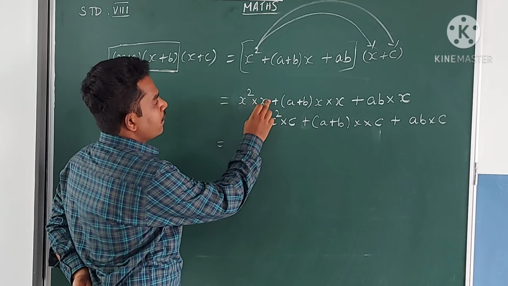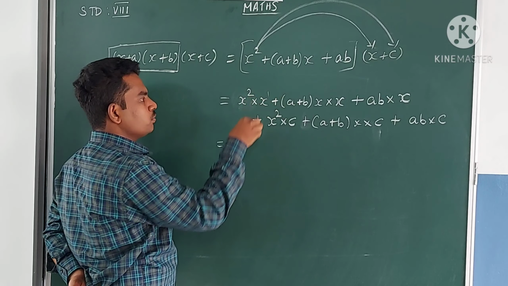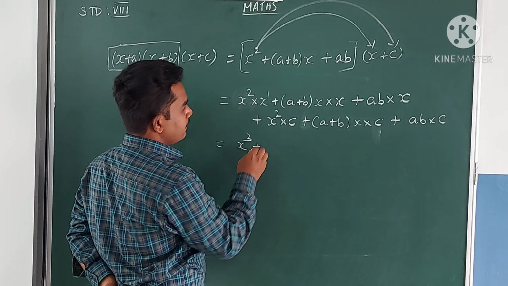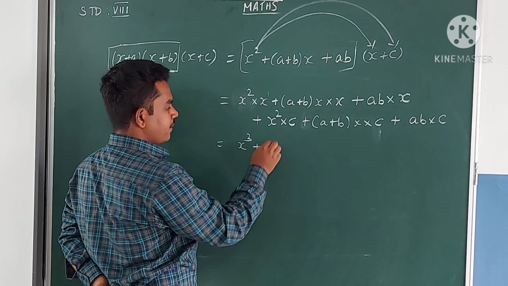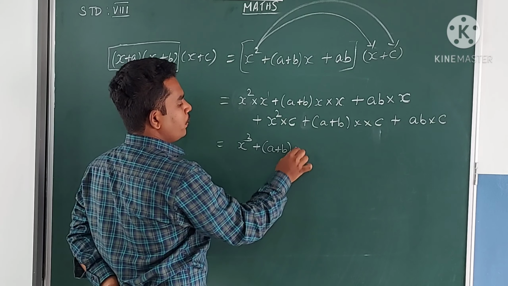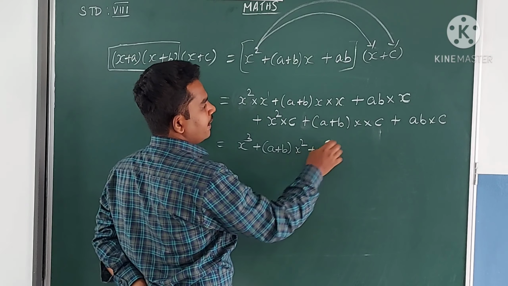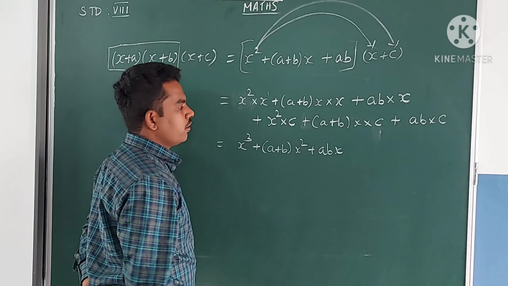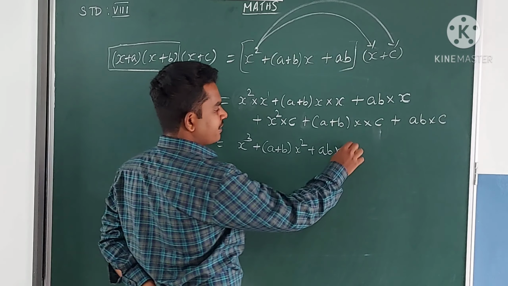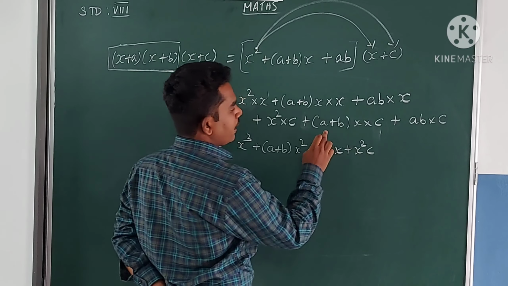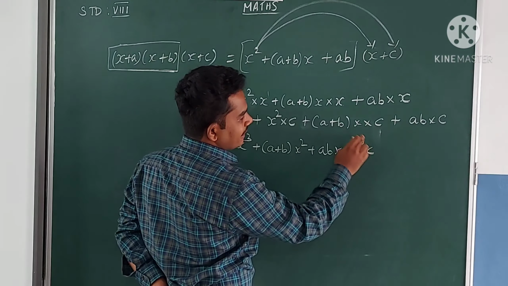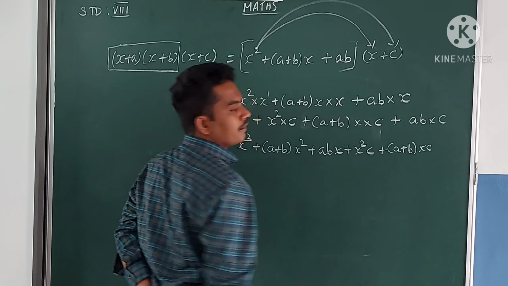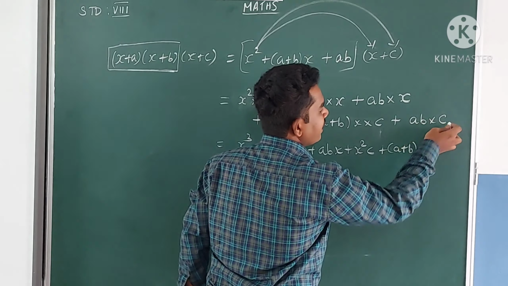Now we can multiply. X square into x, the power is 1, so x cube. Next, x into x is x square, so a plus b into x square. Next, abx. Then cx square, and a plus b into xc.